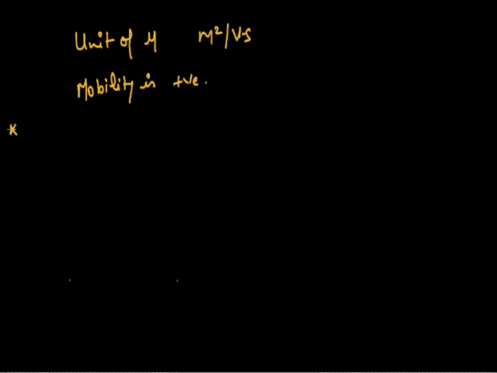As we all know, drift speed is defined as charge of electron into electric field upon mass of electron into relaxation time. So mobility is also defined as charge of electron upon mass of electron into relaxation time.